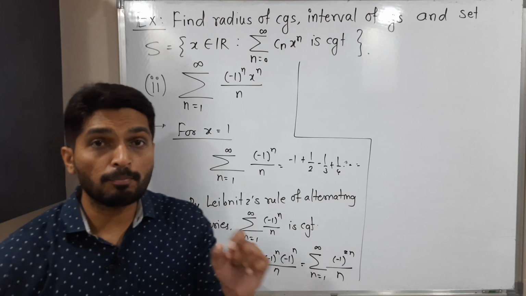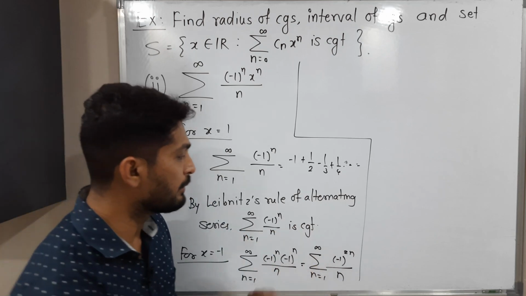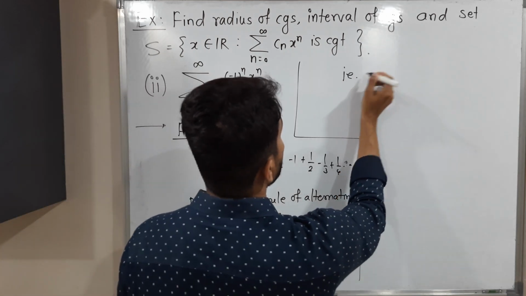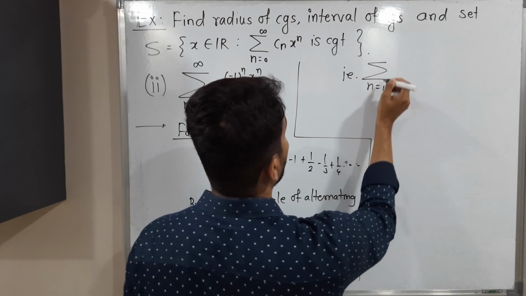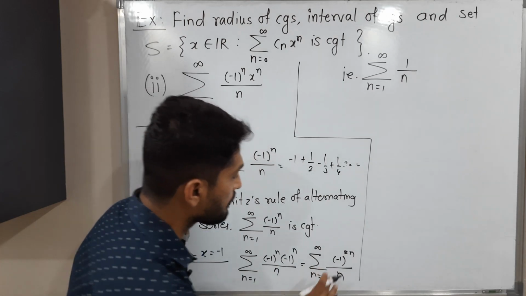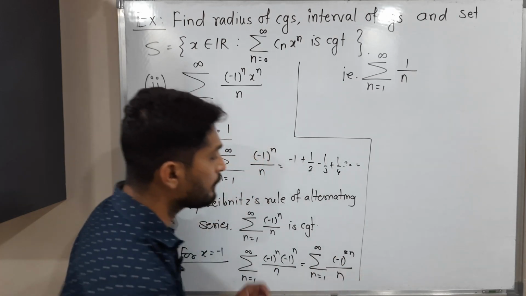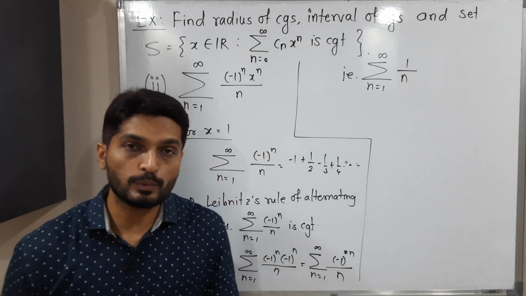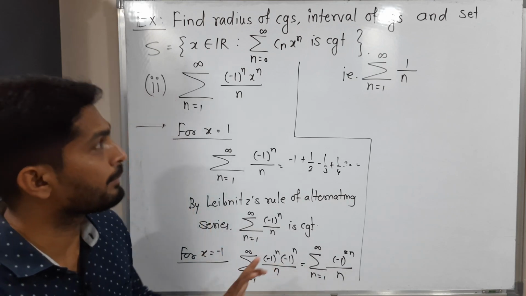But you know that if the power is even, its value will be 1. So that is the summation with n running from 1 to infinity of 1 by n. Getting my point? See, in the power we have 2, so it's an even number. That's why its value will be plus 1. So it's 1 by n.